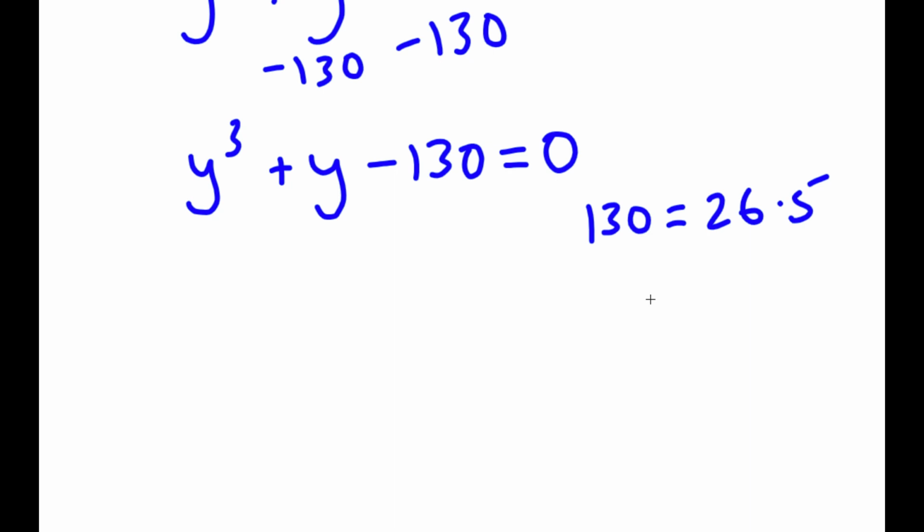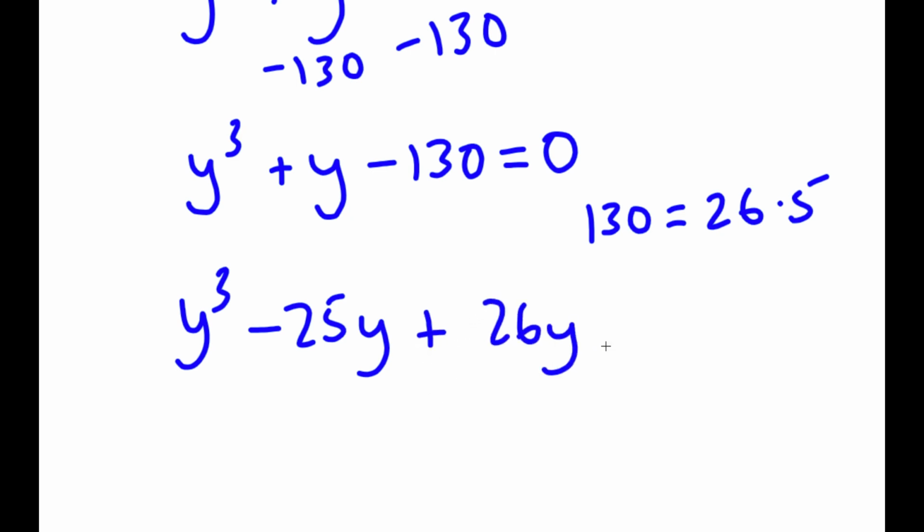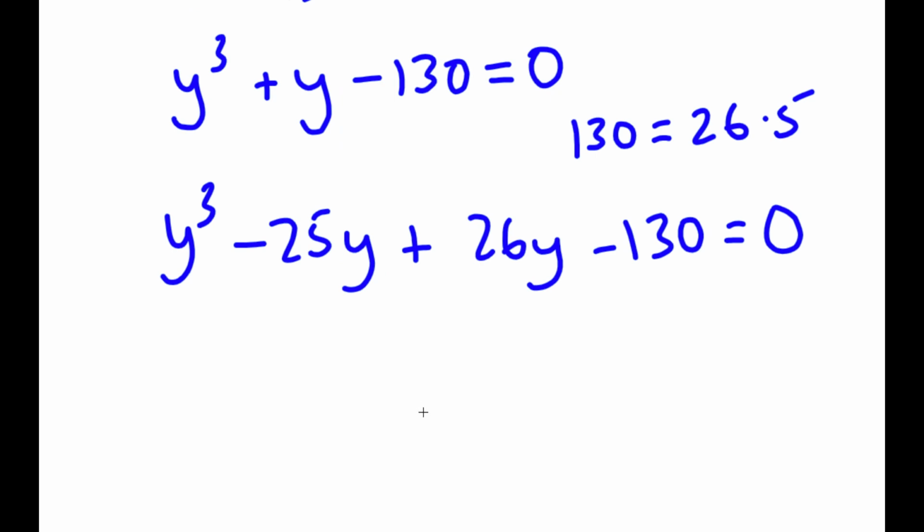So now I have y to the power of 3, or I should say actually minus 25y plus 26y minus 130 is equal to 0. Now I can go ahead and individually factor out from these two parts.